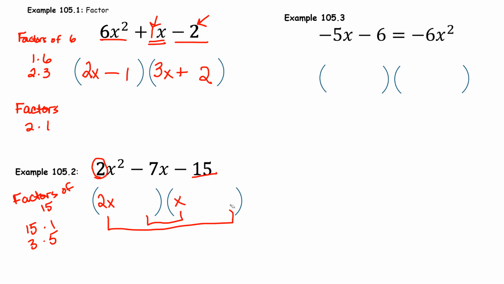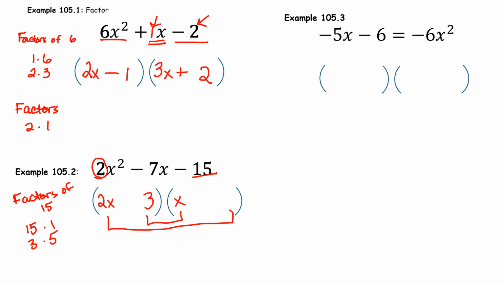So I'm going to try the 5 and the 3. I could put the 5 here and the 3 here and see if that's going to help me get that 7. If I do that, the means are going to be 5x and the extremes are going to be 6x. Can I take 5 and 6 and get 7 out of it? No, I cannot. So it's time to switch the 5 and the 3.